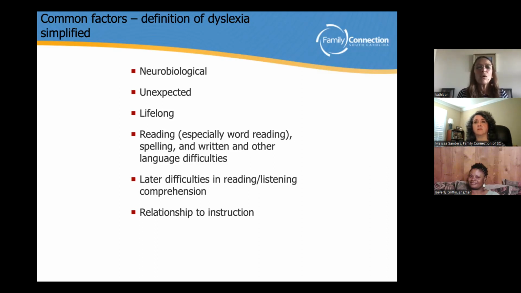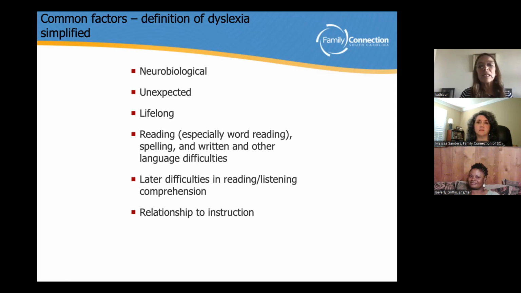Okay. Reading, especially word reading, spelling, written, and other language difficulties. Most of the focus of dyslexia in terms of definition focuses on the word reading level, and we're going to talk a little bit more about that as well. So that means the issues tend to show up early, in kindergarten, first grade, second grade, when children are learning how to read.